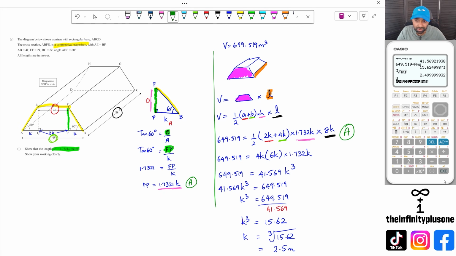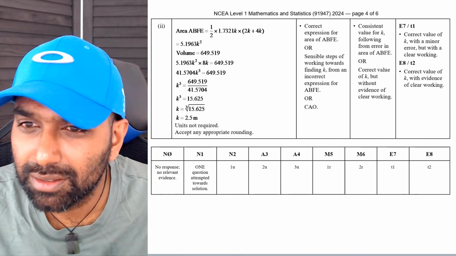If you use a graphics calculator and find k without evidence of clear working, you can get a Merit. T1 is correct value of k with minor error, but clear working. Ultimately, you can get an E8 if you show all of your working and get an answer of 2.5 meters.